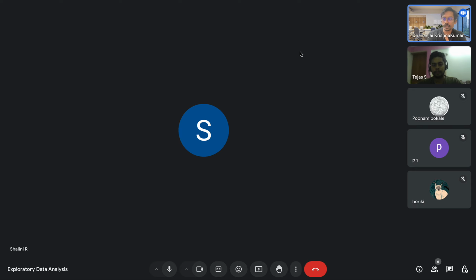And then correlation is what everyone does as the next step. All of us did correlation. So we can try to understand when to remove and when to keep features.